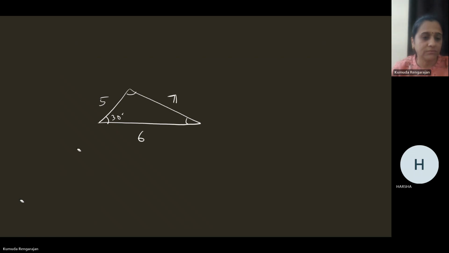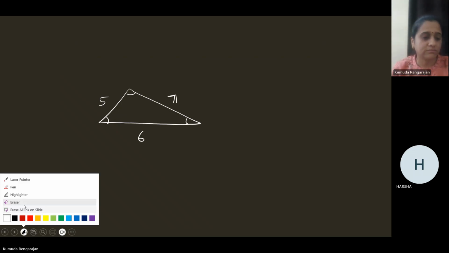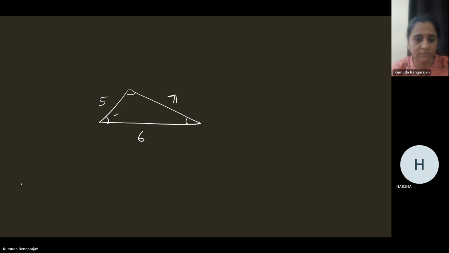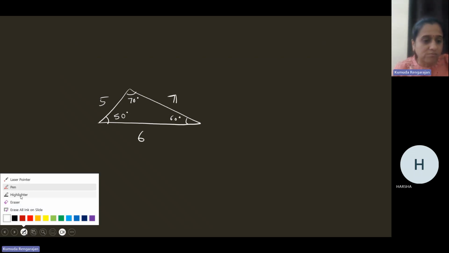So when you look at this triangle, this is the greatest side, so this will have the greatest angle opposite it.